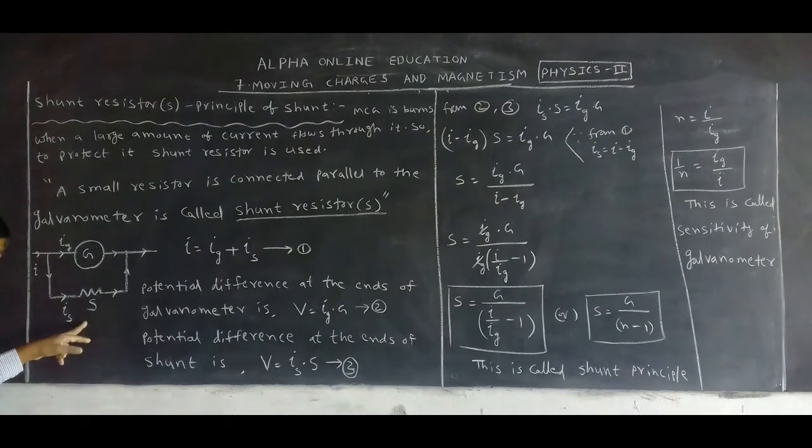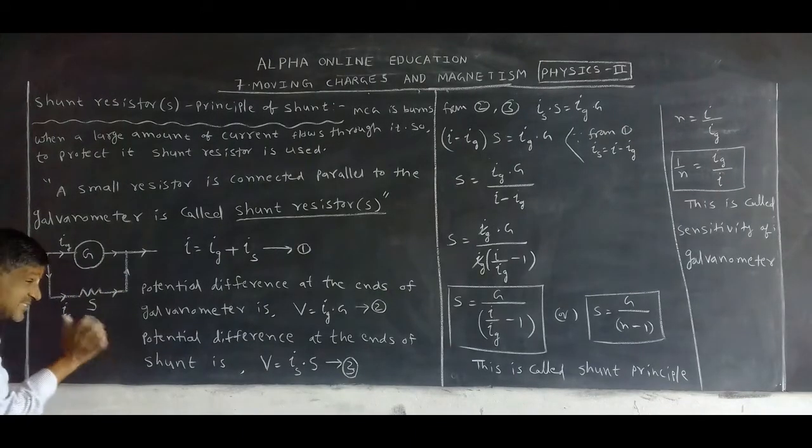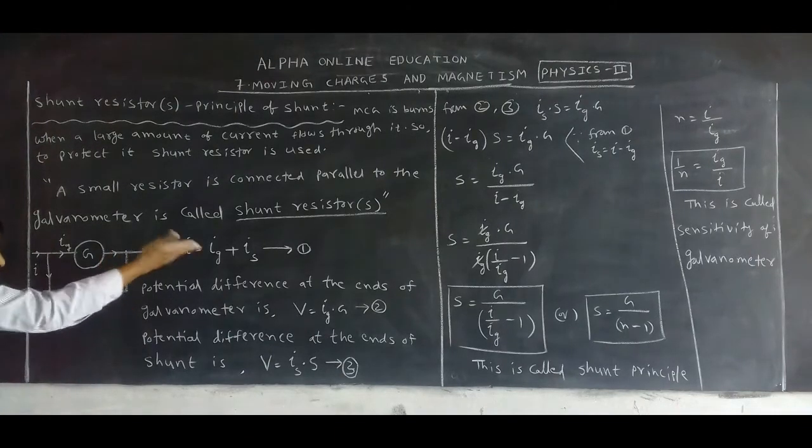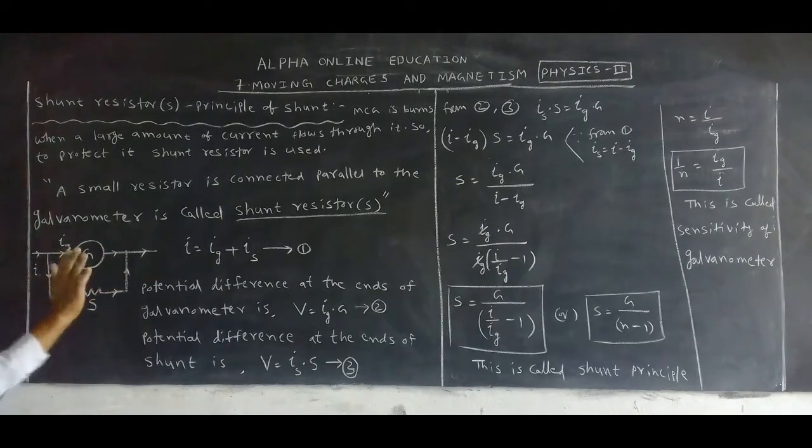But here the resistance is less, a small resistor, so a large amount of current passes through this. Where the resistance is less, the flow of current is more. So the galvanometer is safe, it does not burn. This resistor is called a shunt resistor.